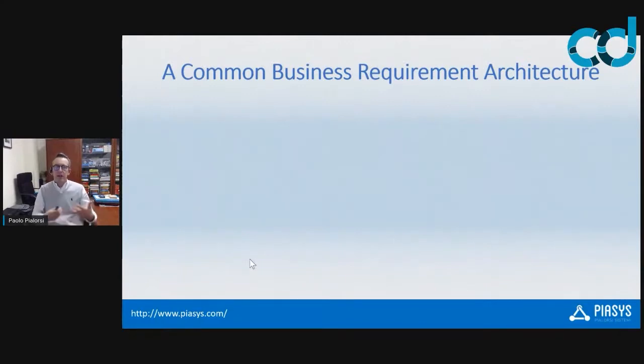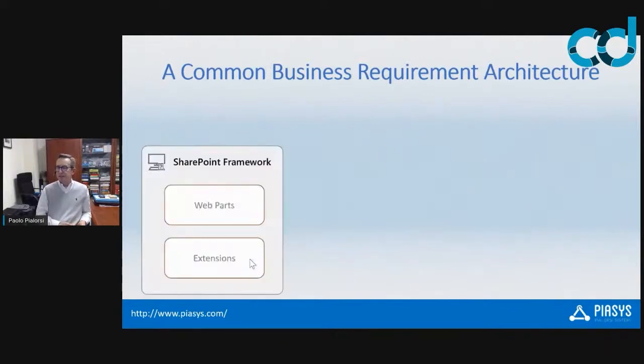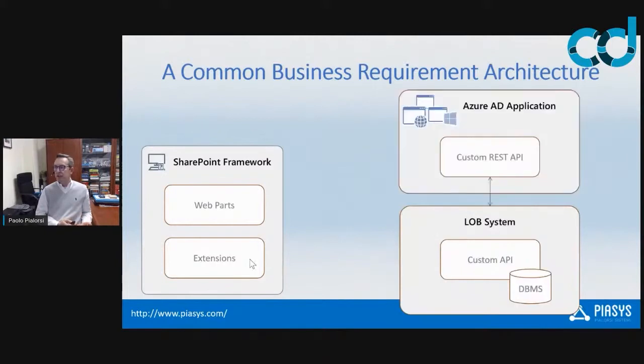However, a lot of businesses, at least based on my own experience, want to be able to consume not only the Microsoft Graph, but also third-party APIs like line of business systems. So, and again, using SharePoint Framework, and regardless if you are in a web part or in an extension, you can easily use an Azure Active Directory registered application, which will give you access to an API, which will provide you the capability to consume a backend system like a line of business system.